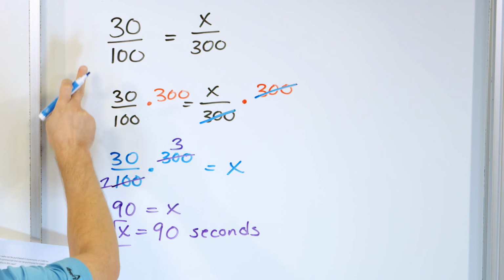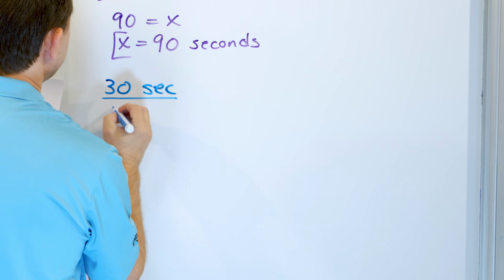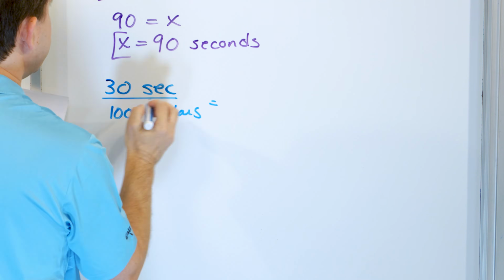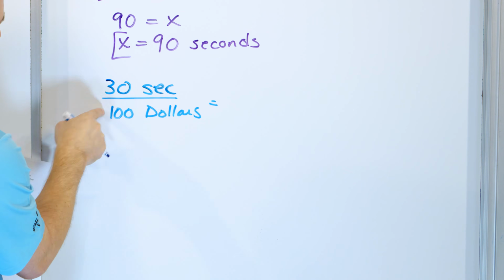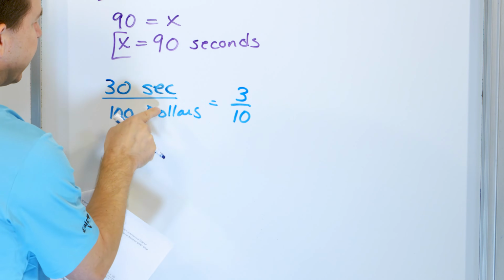Well, from the problem statement, we can purchase 30 seconds for every $100. Now, if we simplify this, we can divide by 10 and divide by 10, or just strike the zeros, and what we get is 3/10 seconds per dollar.